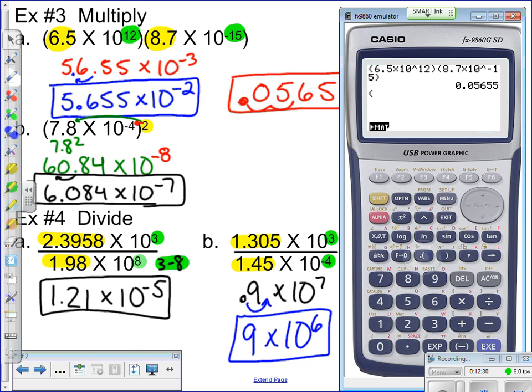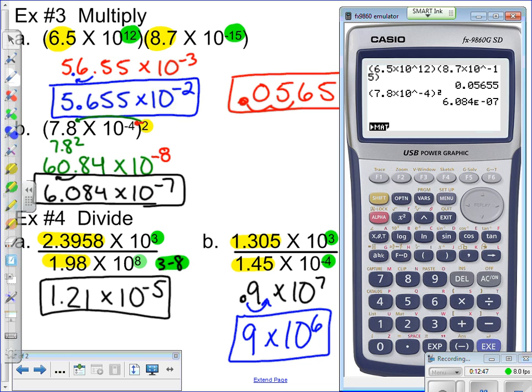B, parentheses, 7.8 times 10 to the negative 4. Close parenthesis and put a squared on the outside. And that one's 6.084 times 10 to the negative 7th, and we're correct again.